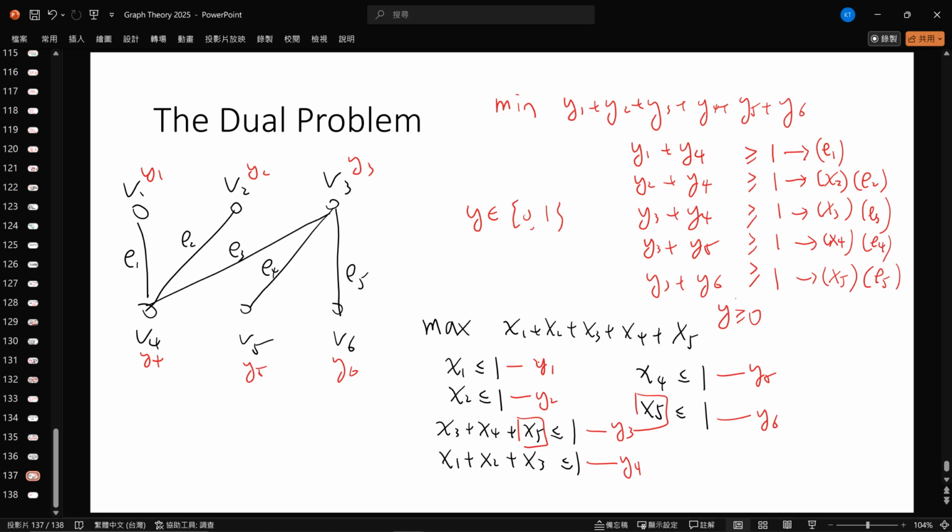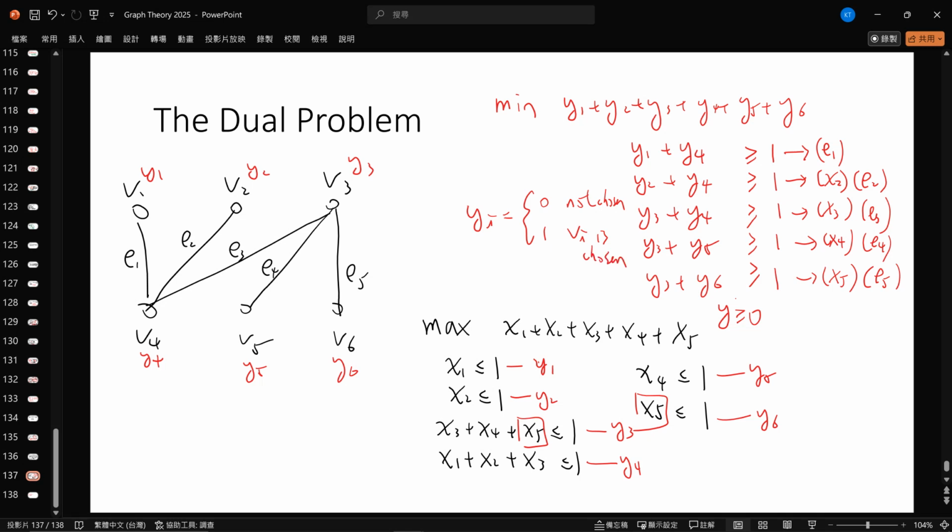And then you can interpret these dual variables as, so if y is 0, this means not chosen. And if y is 1, then this means Vi is chosen. Okay.